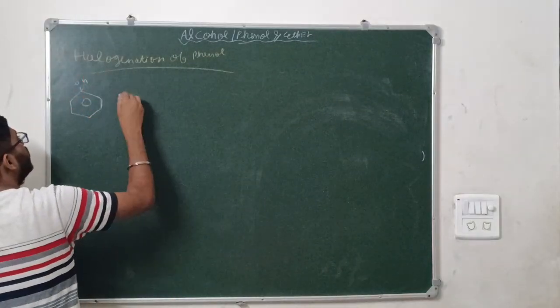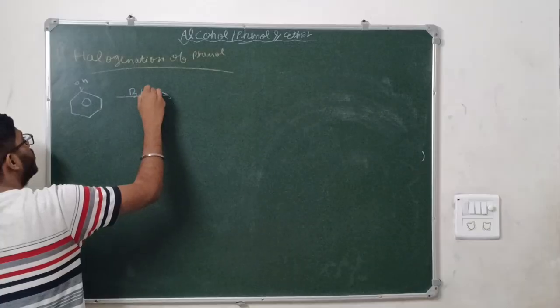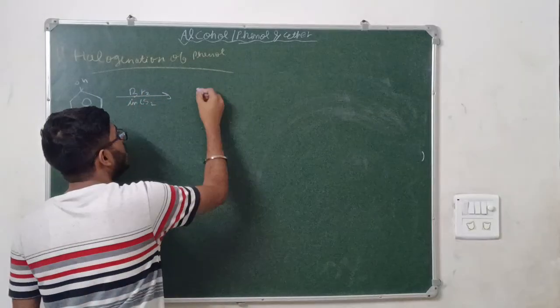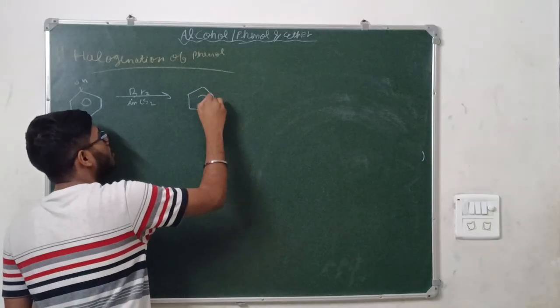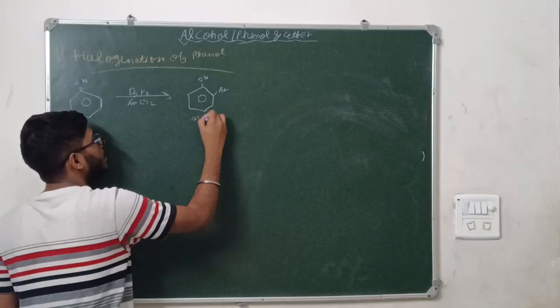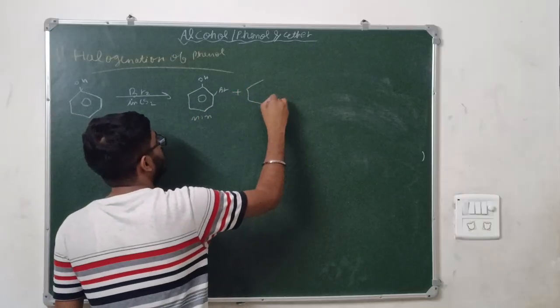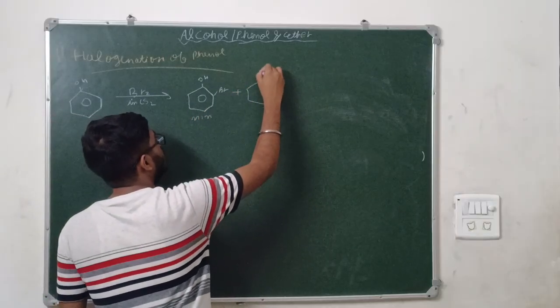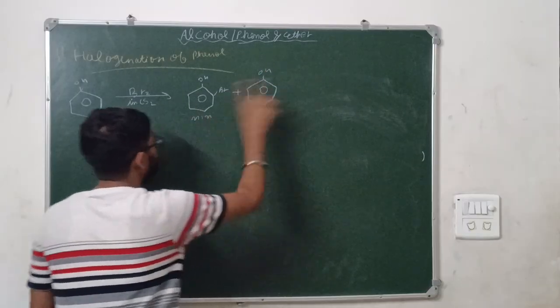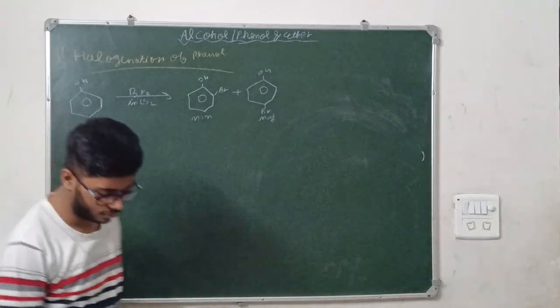This is phenol and we have added Br2 in CS2. Do you know what products will be made? Br will add at para, and this is minor. This is major. This is also a reaction you have to see.